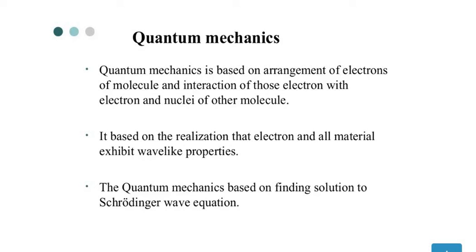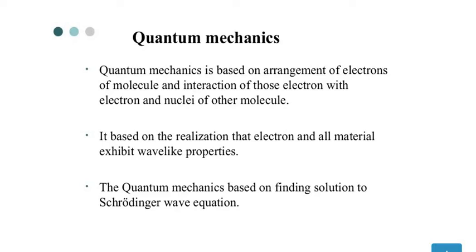Now quantum mechanics. My friends, quantum mechanics is based on the arrangement of electrons of a molecule and the interaction of those electrons with the electrons and nuclei of other molecules. It is based on the realization that electrons and all material exhibit wave-like properties.